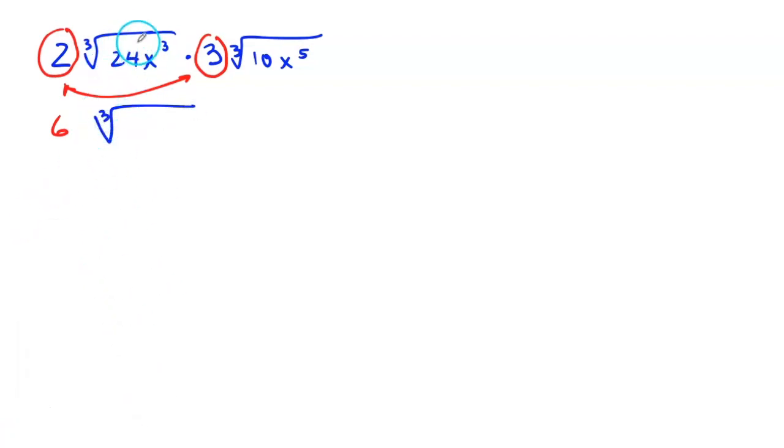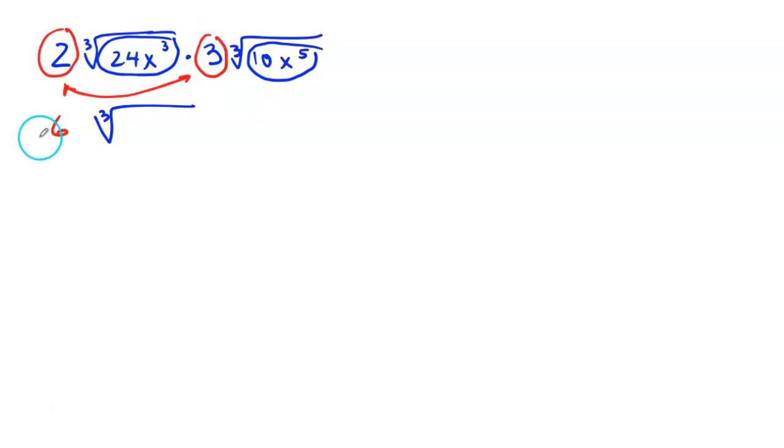So I always say outside with outside, inside with inside. You'll never multiply something on the outside with something on the inside of the radical. Never. Put that note somewhere.